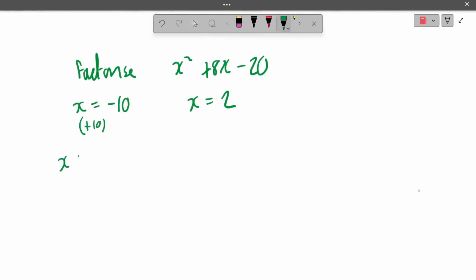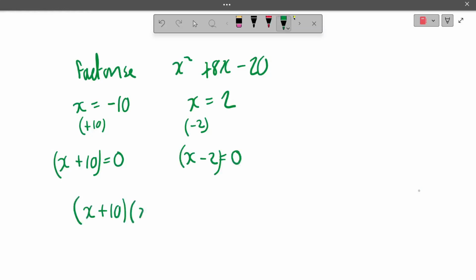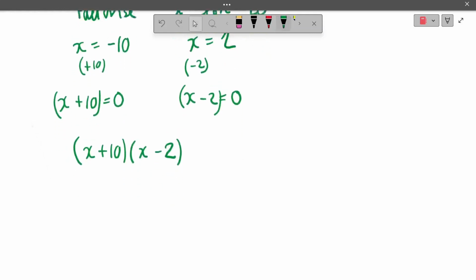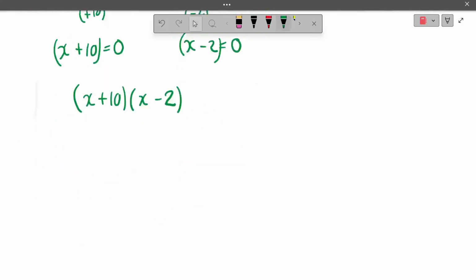So we then have x plus 10 equals 0, and that is our bracket. And here we go minus 2. So x minus 2 equals 0, and that's our second bracket. So we're then x plus 10, x minus 2. Cool.